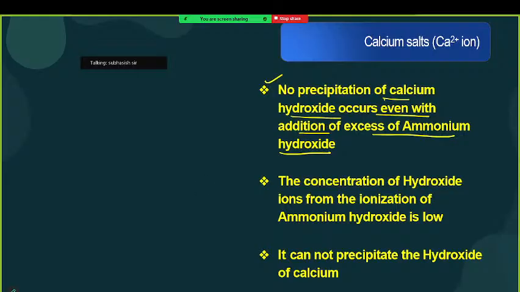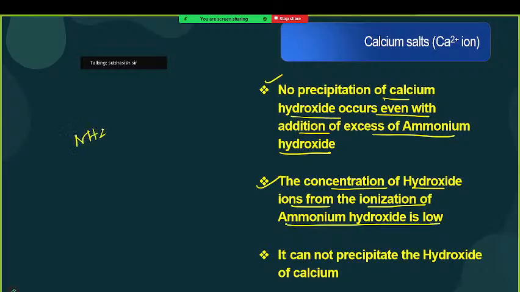Previously, you saw that calcium ions produce a white precipitate when sodium hydroxide is added. But here, when ammonium hydroxide is added, you get no precipitate of calcium hydroxide, because the concentration of hydroxide ions from the ionization of ammonium hydroxide is very low.